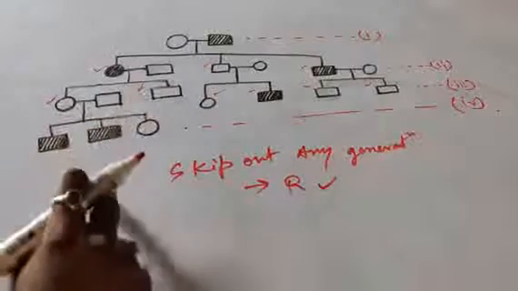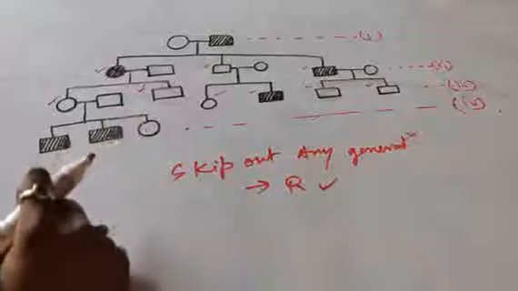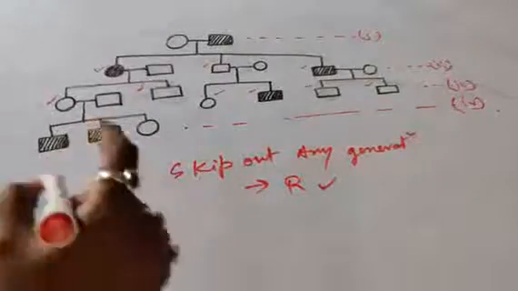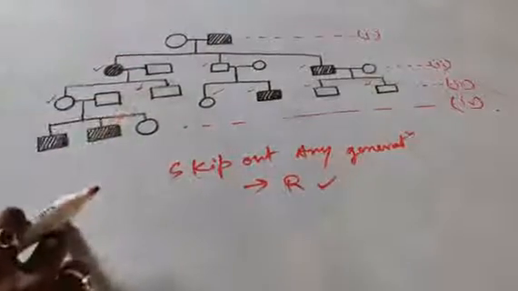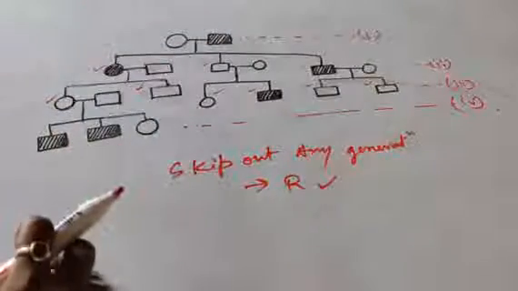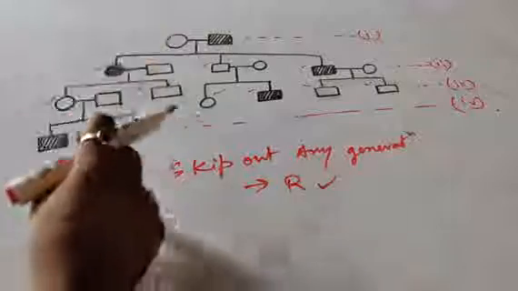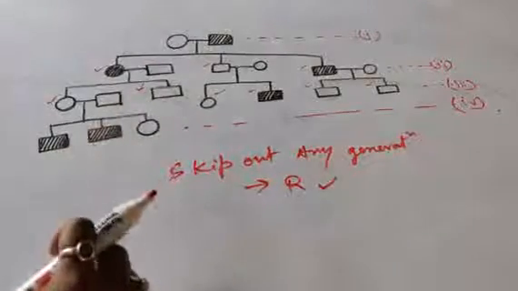If it is an X-linked disorder, then we can see crisscross inheritance. Okay, in the next level generation, there will be crisscross inheritance. We can see here crisscross? No, there is no crisscross.